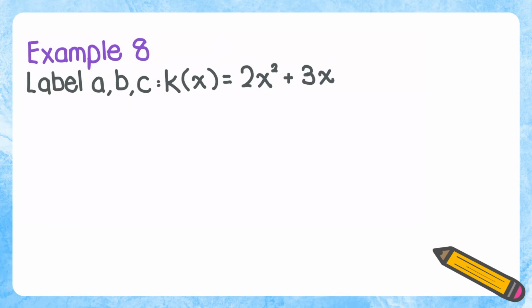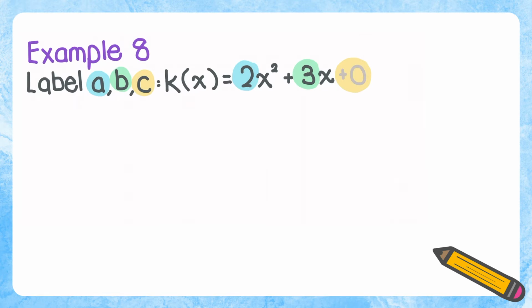For our next example, we have k of x equals 2x squared plus 3x. We know that a equals 2 and b equals 3. But what about c? Notice there's this empty spot where the constant usually would be.